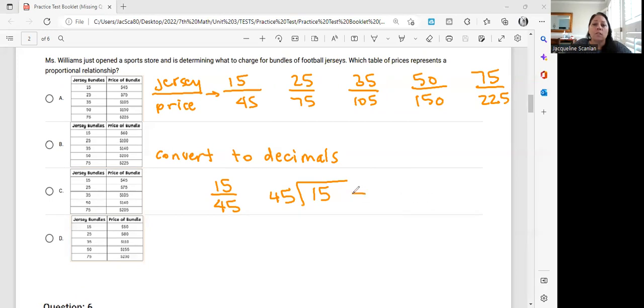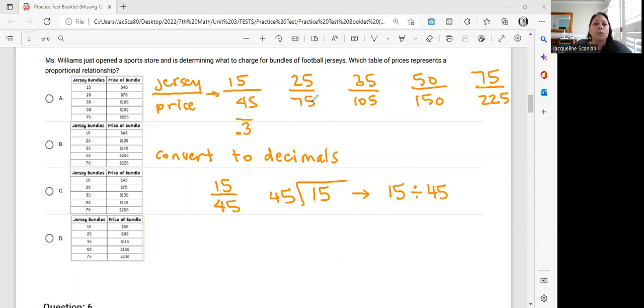If I'm punching this into a calculator or into Desmos, I put the numerator in first, I hit the divided by sign, and then I put the denominator in. Okay, and 15 divided by 45 is 0.333333333 all the way across your screen. We call that a repeating decimal. We call that 0.3 repeating.